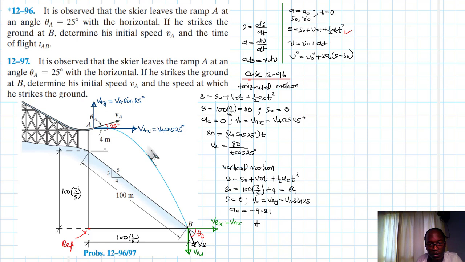Therefore, we'll have 0 equal to 64 plus VA sine 25, right, times T, minus half 9.81 t squared. So let's feed in this value.